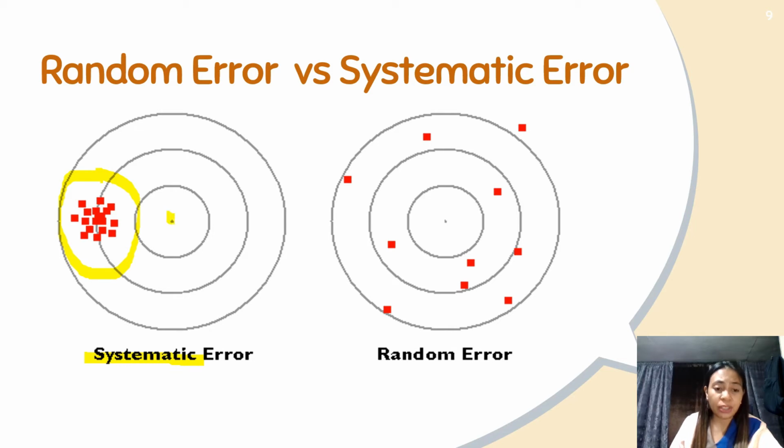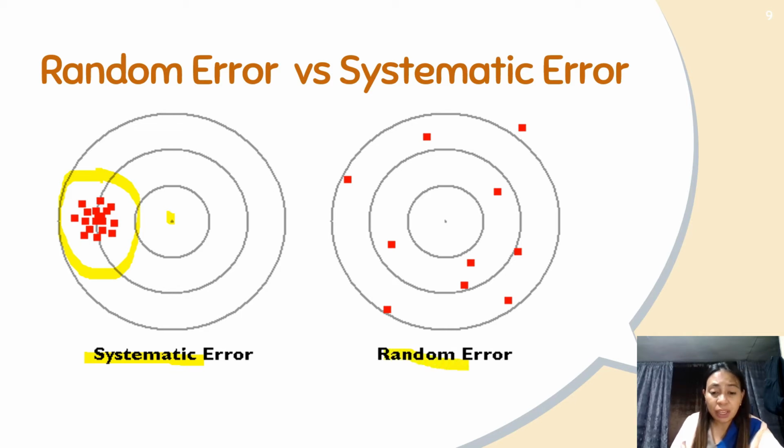So it's not accurate, but it's precise. In systematic error, we can easily identify the cause of the error. Maybe the equipment or the machine is faulty, that's why it keeps on reading the same or similar measurement. That's why it is precise.